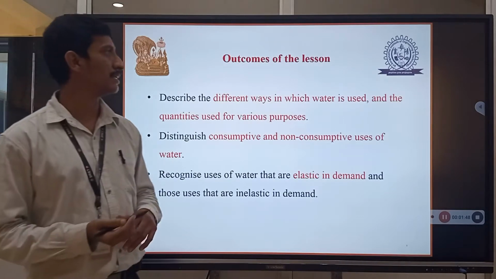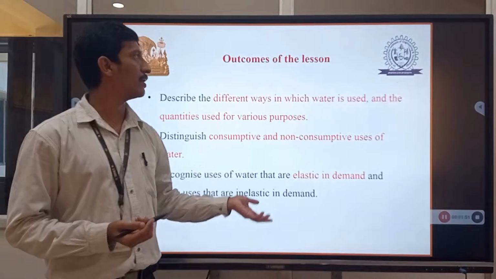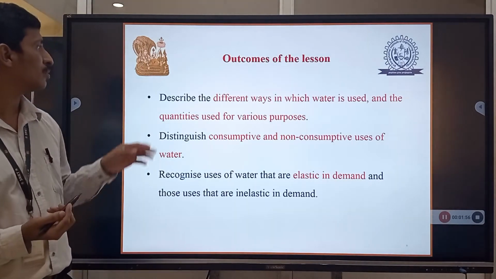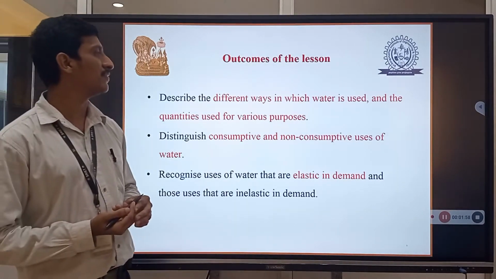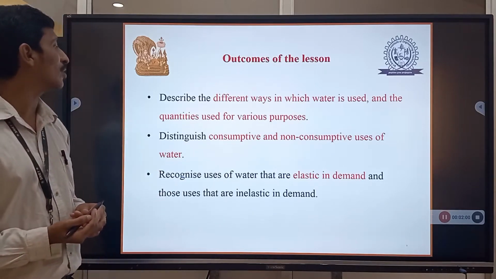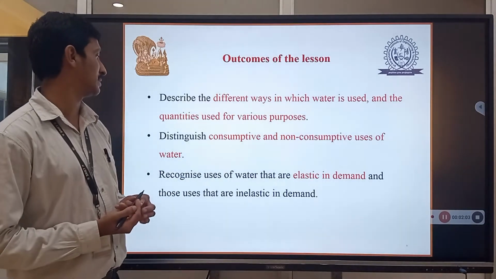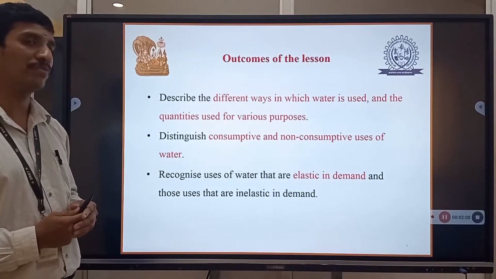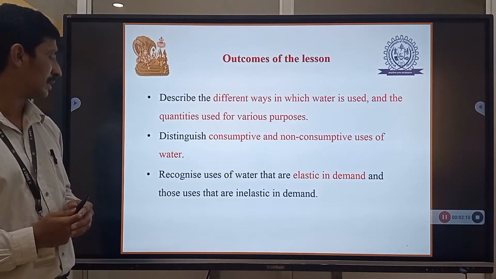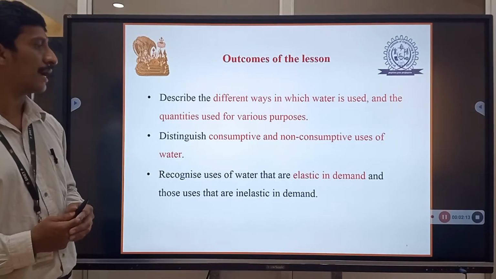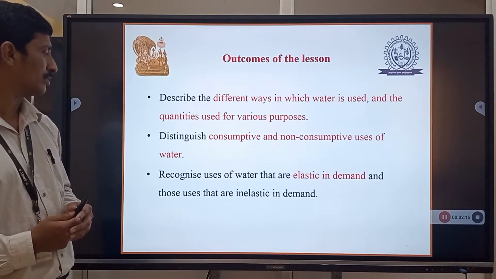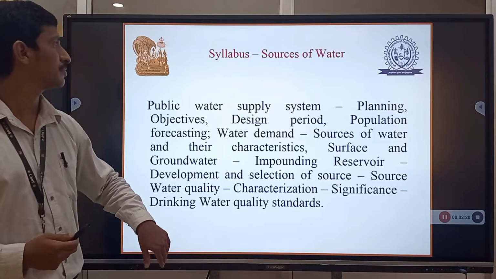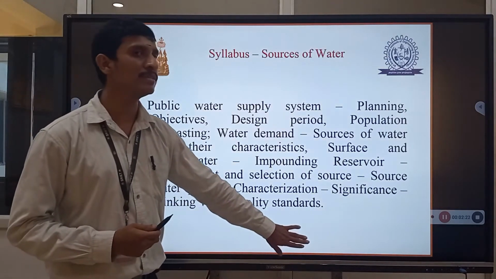After completing these topics, you will be able to describe the different ways in which water is used and the quantities used for various purposes, distinguish consumptive and non-consumptive use of water, and recognize uses of water that are elastic in demand and those uses that are inelastic in demand. These are the syllabus of the first unit, sources of water.